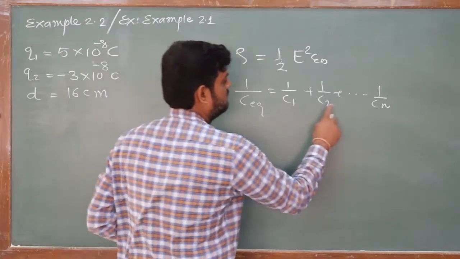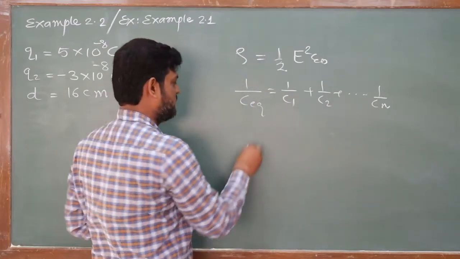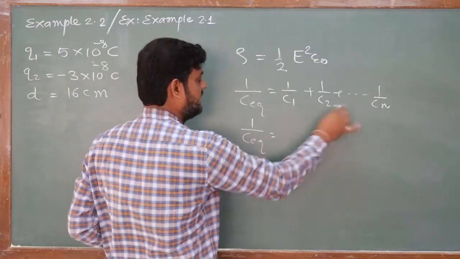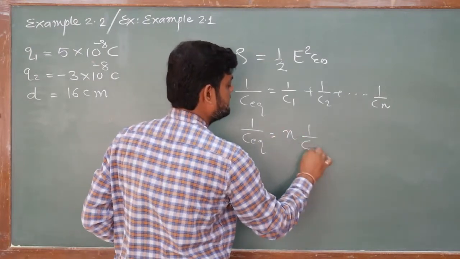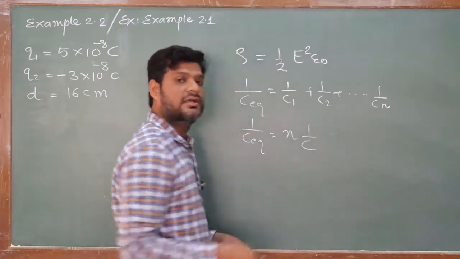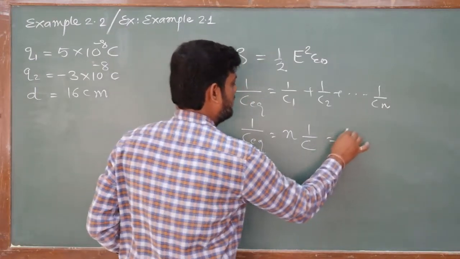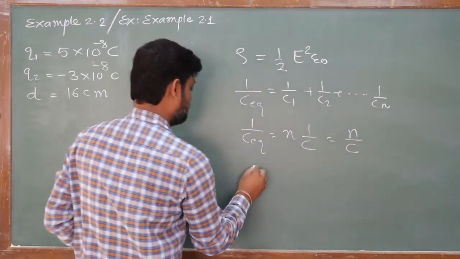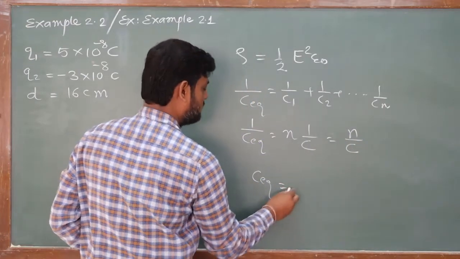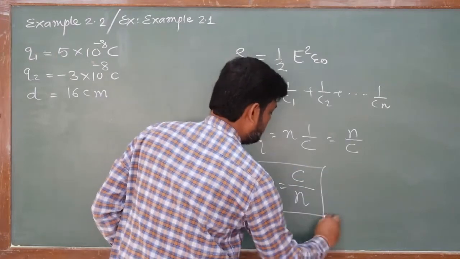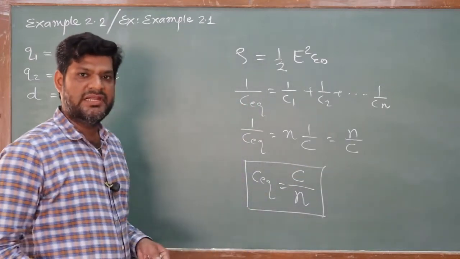So if the values of the capacitors are the same, then we can write 1 by C equivalent equal to n by C, so C equivalent equal to C by n, right? This is for the series combination.